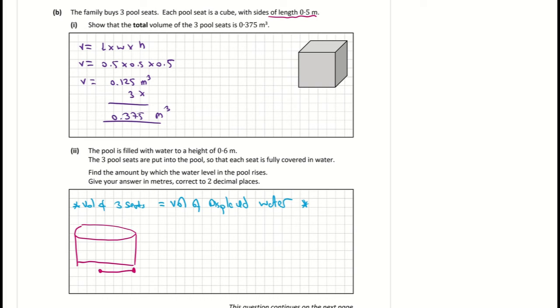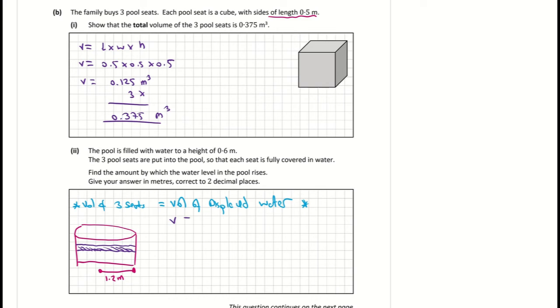So my pool has a radius of 1.2 meters. I'm going to use the volume of the cylinder formula to figure out by how much the water rose when I put the 3 seats into it.